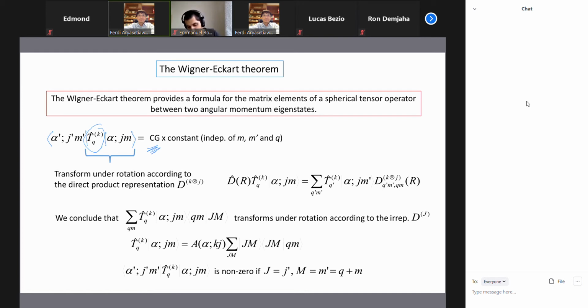It means here more explicitly, and I use the full notation here, I put the JK, MQ, and we have JK, J prime, M prime, like this.